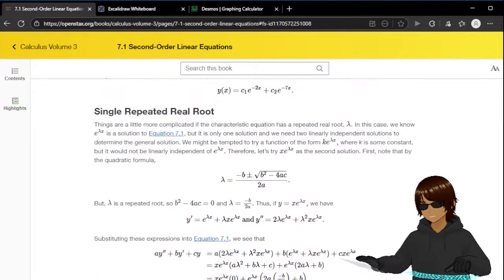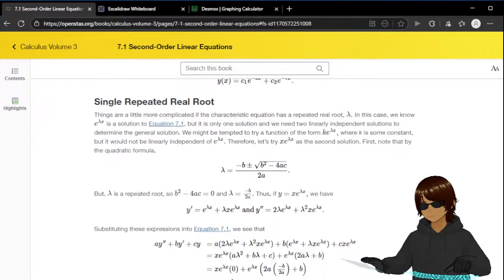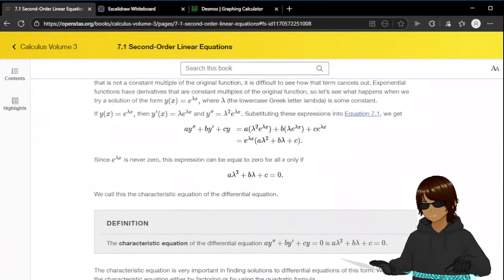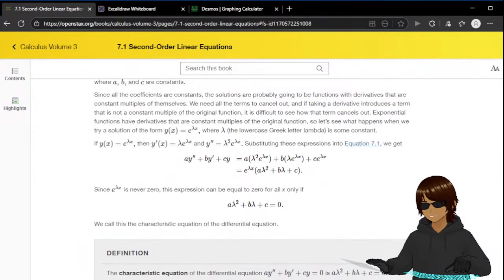Therefore, let's try this as a second solution. First, note that by the quadratic formula, there are two solutions, not in the form of this. One solution is this. One solution is in this form.